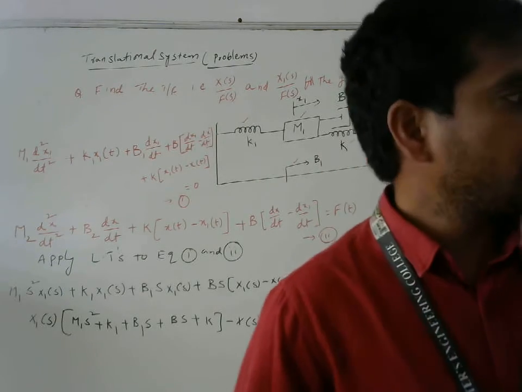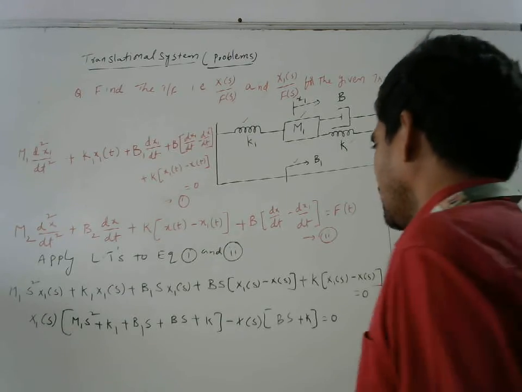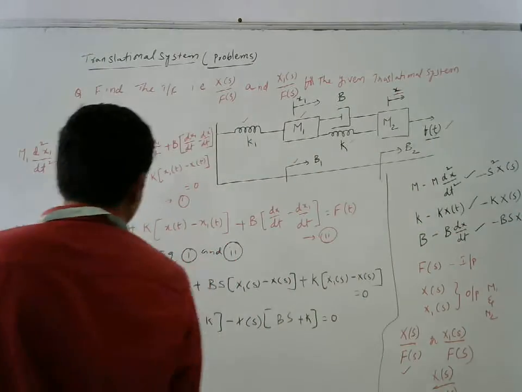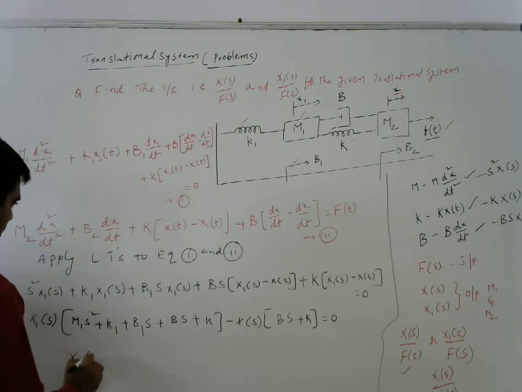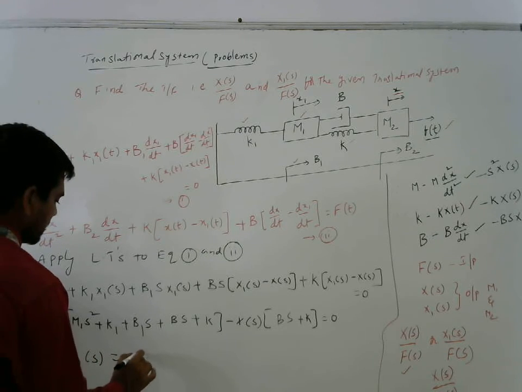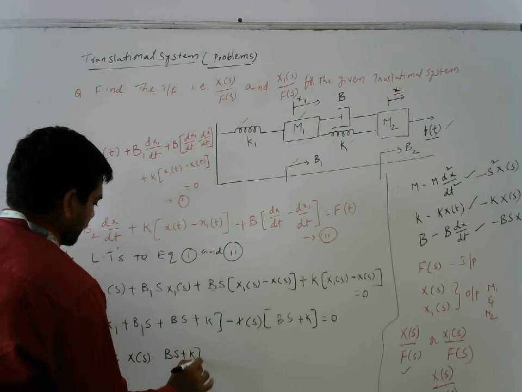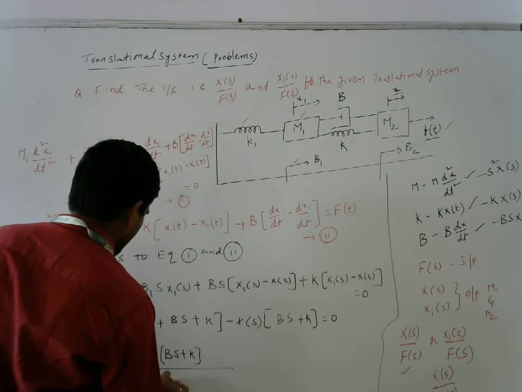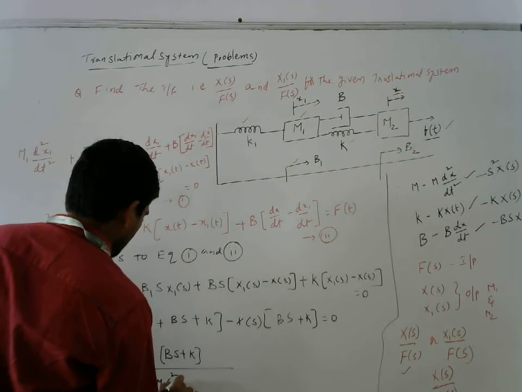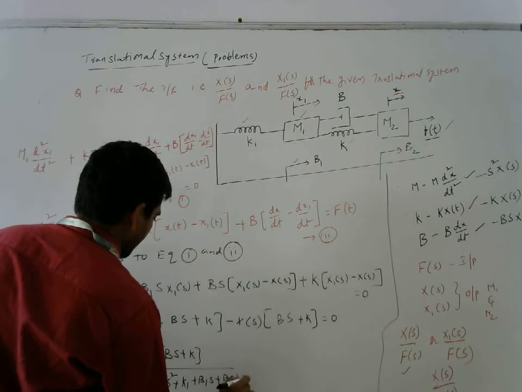That is that first equation we are going to get, and from this equation we can find x1 of s. What is the x1 of s value? x1 of s is equal to x of s into bs plus k divided by m1 s square plus k1 plus b1 s plus bs plus k.